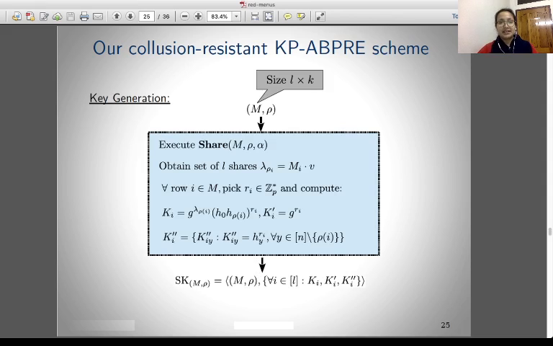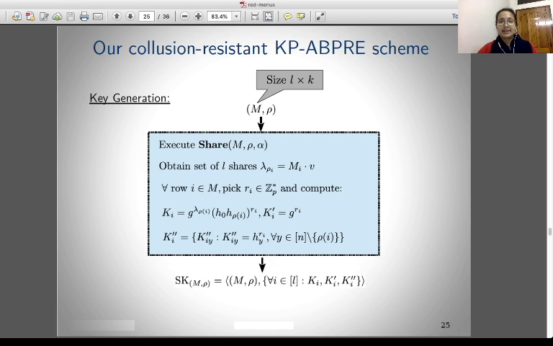Next, we have the key generation algorithm, which takes as input a share generation matrix M and rho, which is the access structure. The size of the matrix is L times K, and this is run by the certification authority CA, which first executes the share algorithm to generate the shares of the secret alpha.